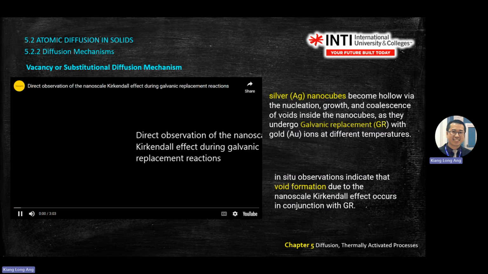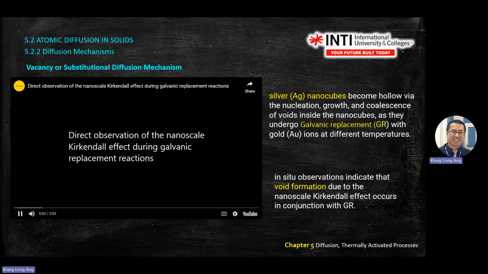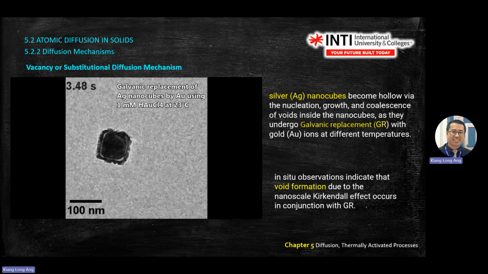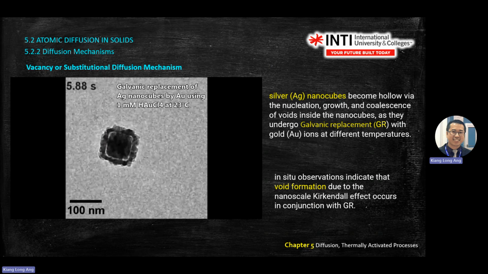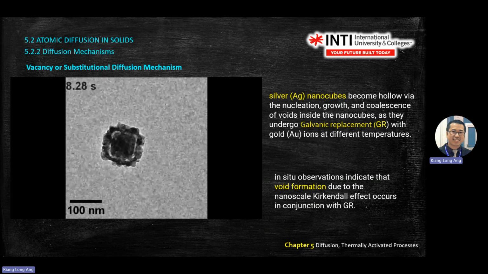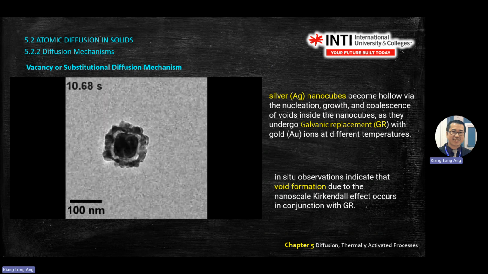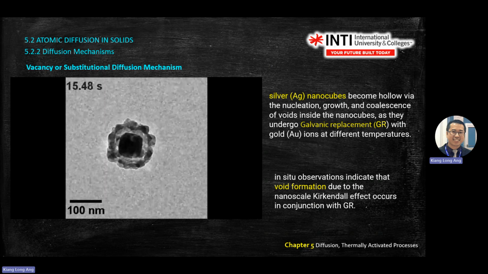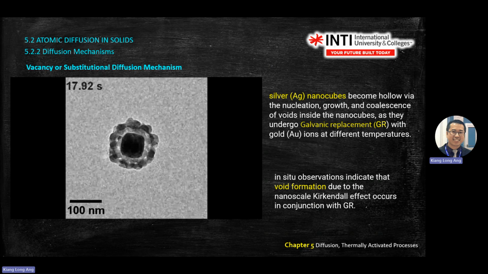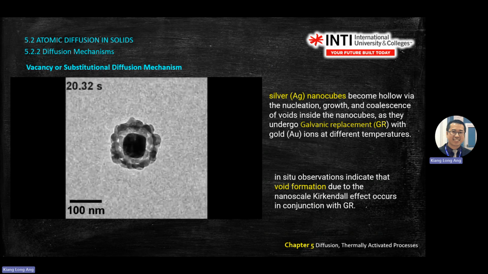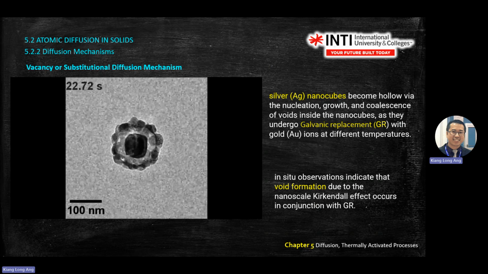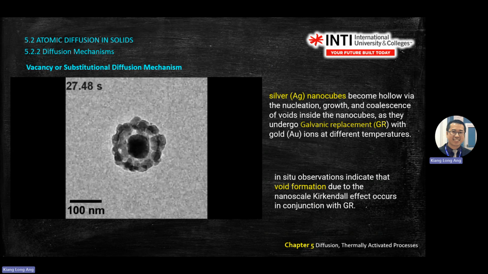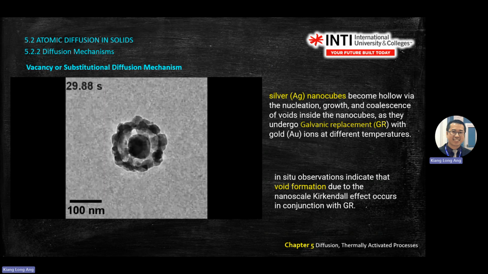Okay, so this is a short video on how the Kirkendall effect works. You will see that this is a silver and gold manipulation. Silver is the black part, and the surrounding is gold.